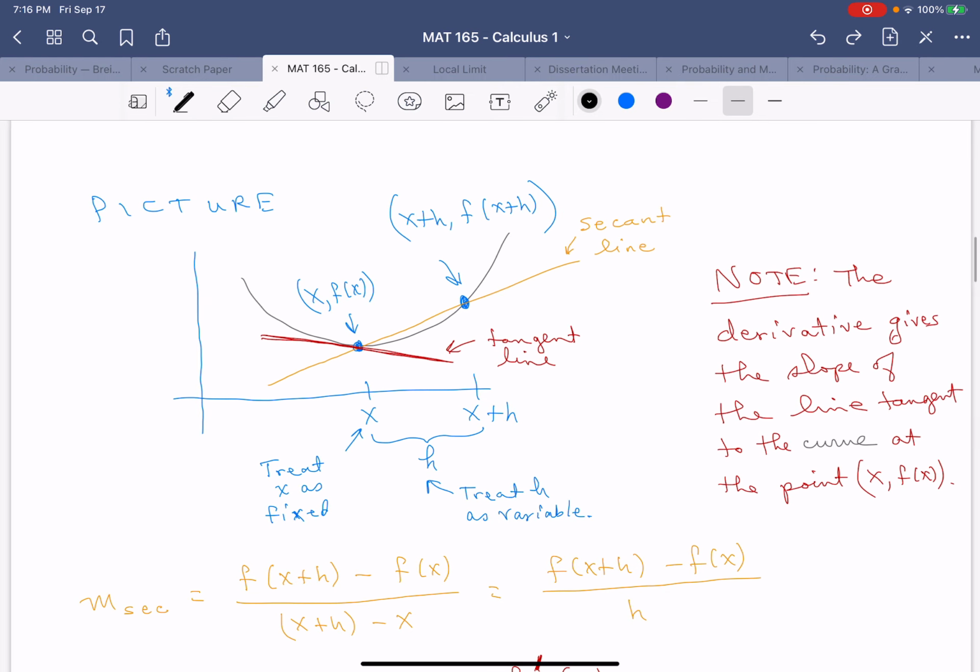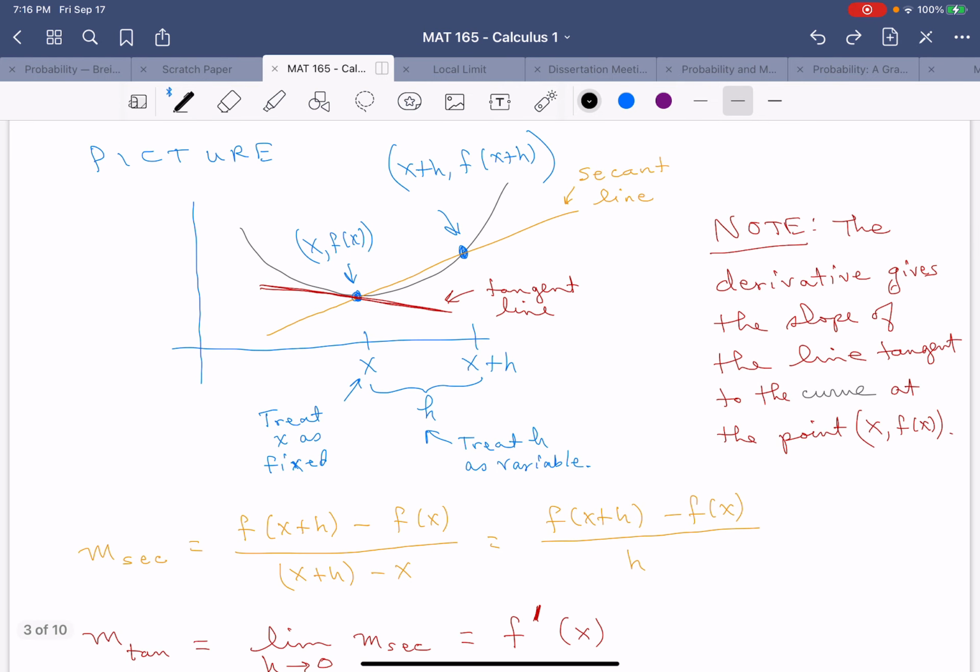Okay, so I have that actually written here. You can see that the slope of the secant line is just y2 minus y1 over x2 minus x1. You may remember that formula for the slope of a line given 2 points on the line.